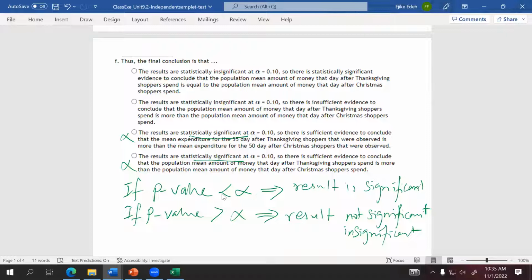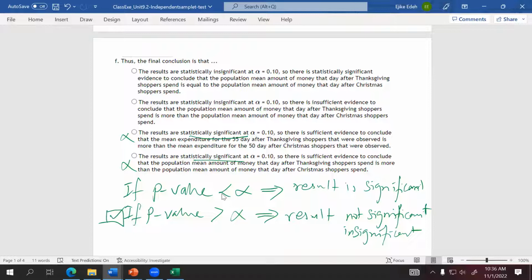So if you look at 1 and 2, let's go through that very quickly. The results are statistically significant at alpha 0.1. So there is statistically significant evidence to conclude that the population mean amount of money the day after Thanksgiving and the day after Christmas are equal.